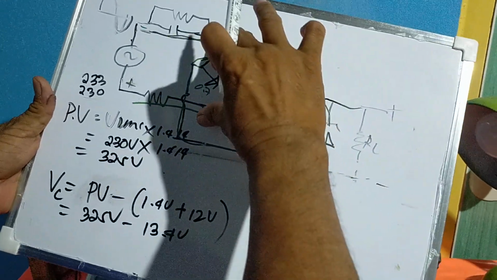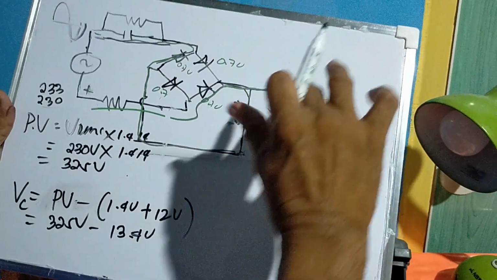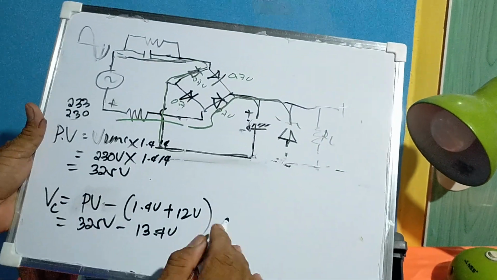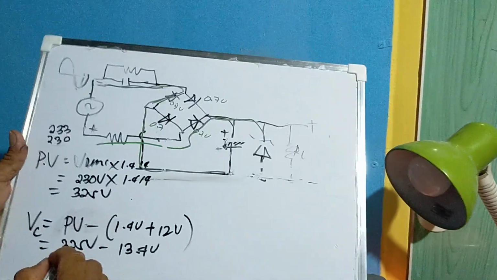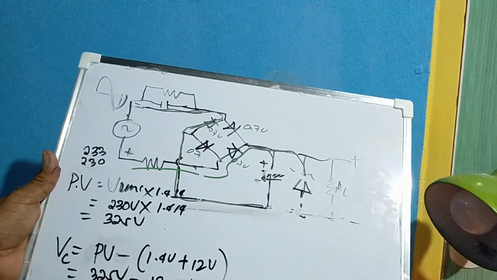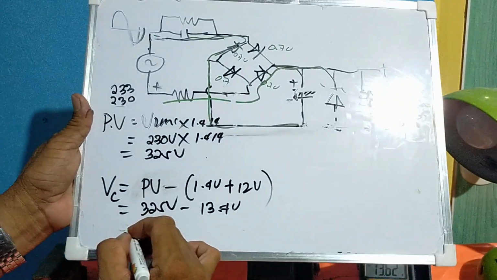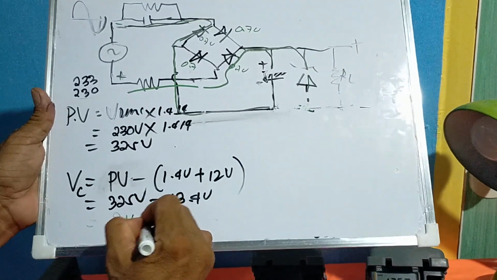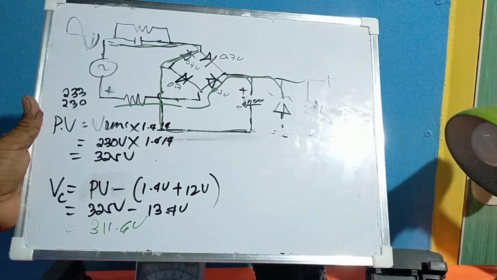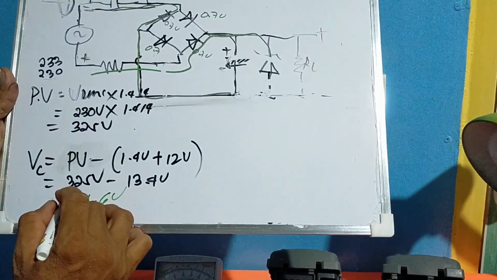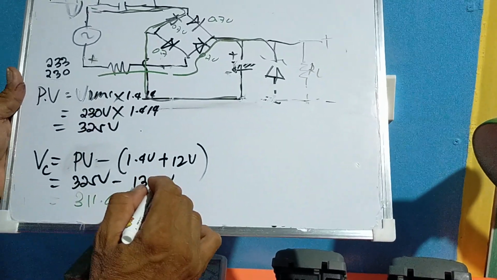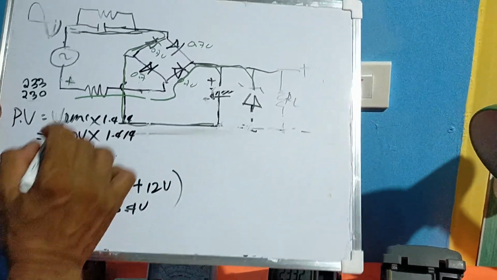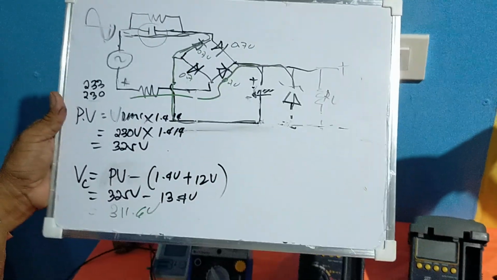So this is now actually the output voltage, 13.4 volts. Okay. So 325 volts minus 13.4 volts is equal to 311.6 volts. That is the voltage across this capacitor.